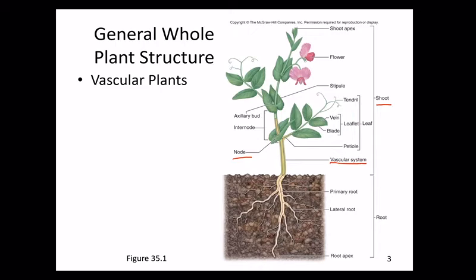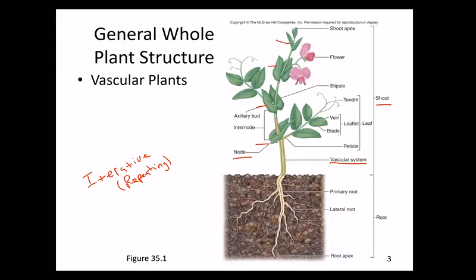The nodes are found at regular repeating units. We also refer to that as iterative units, which just basically means repeating. And you'll notice as you go up the plant, there are nodes located at different regular units.